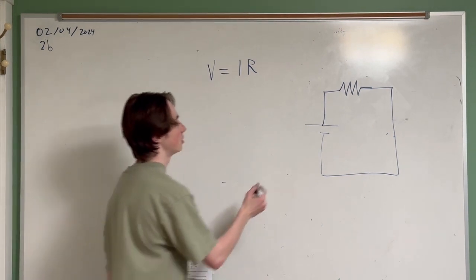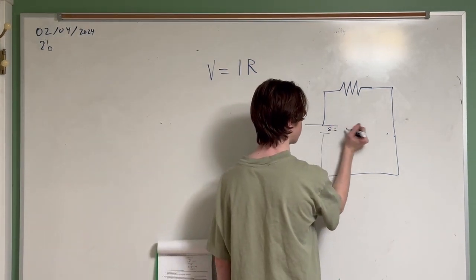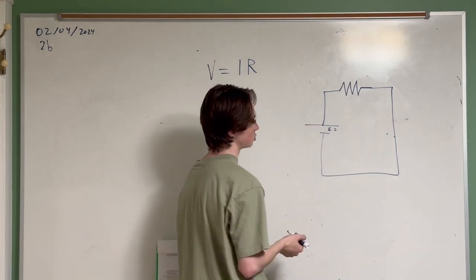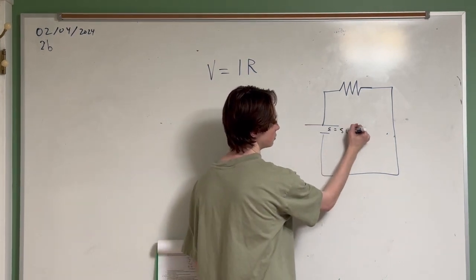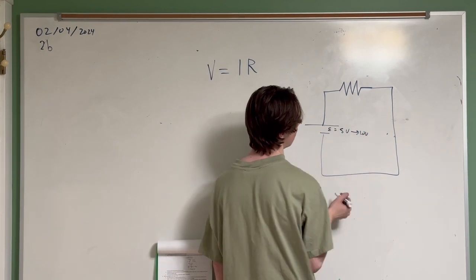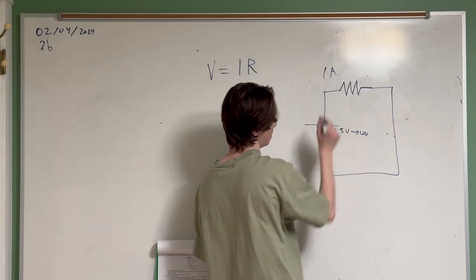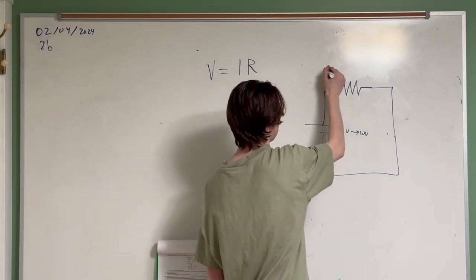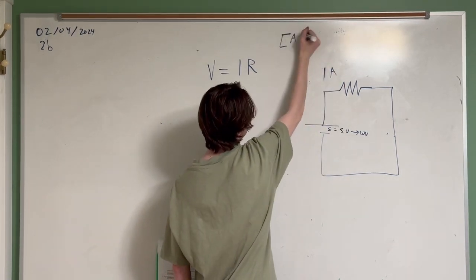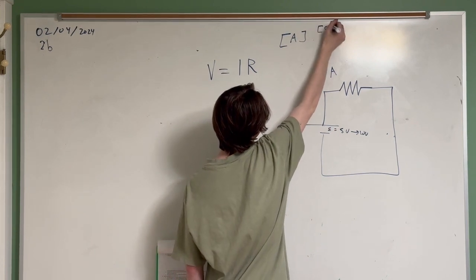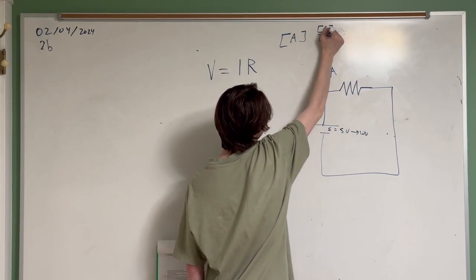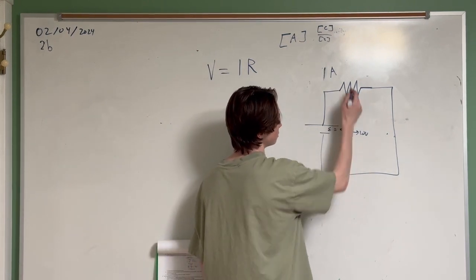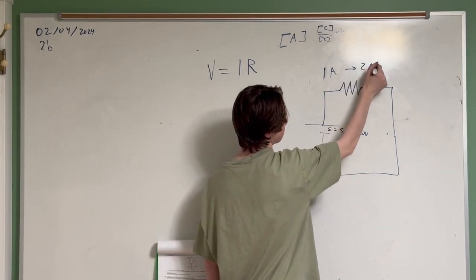If you double the voltage potential from 5 volts to 10 volts, and it was already going at 1 amp, by the way, an amp is the measurement of current, equal to coulombs per second, then we go from 1 amp to 2 amps.